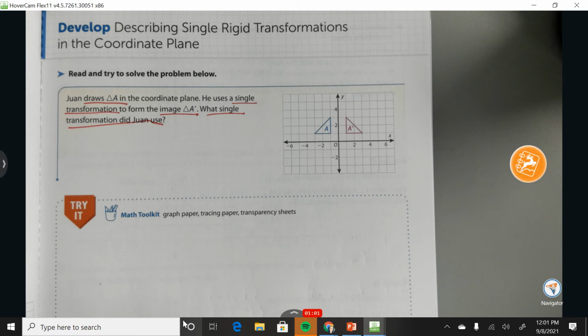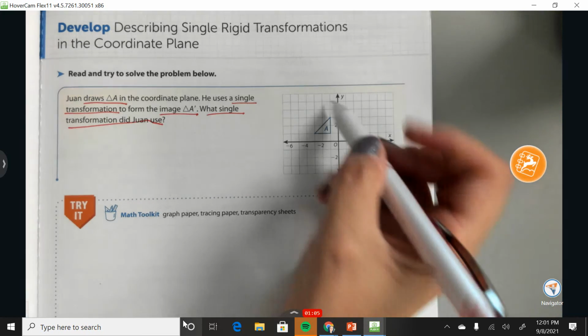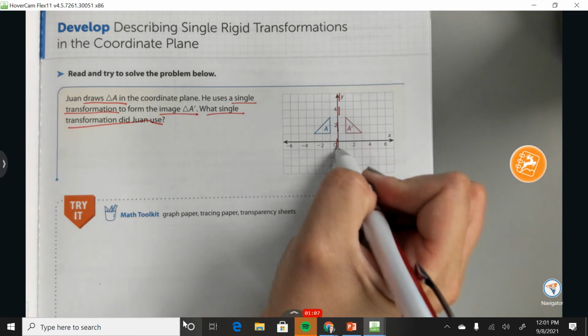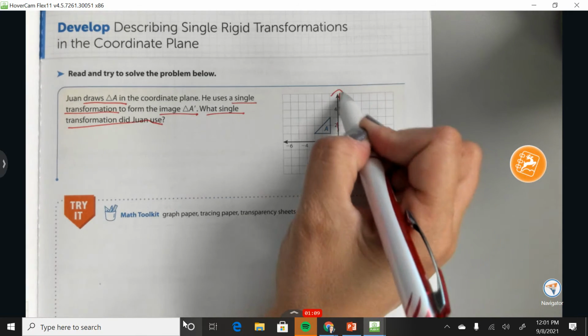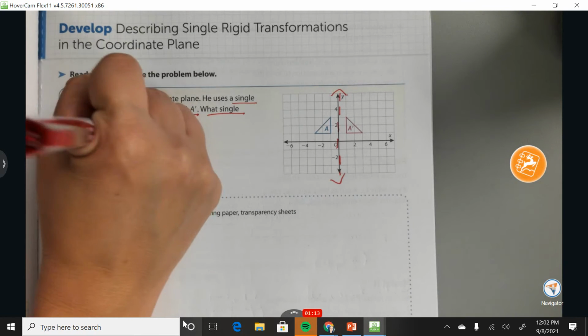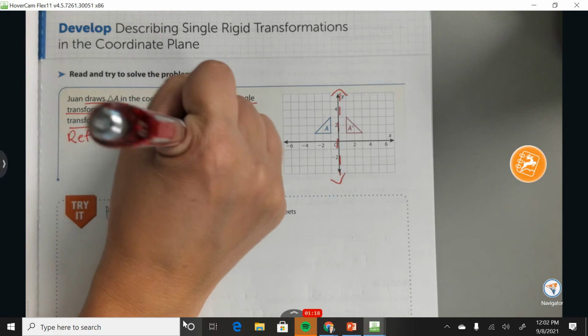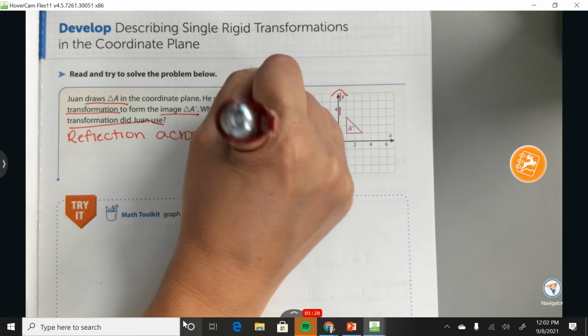All right, so we said that it could be a reflection across the y-axis.